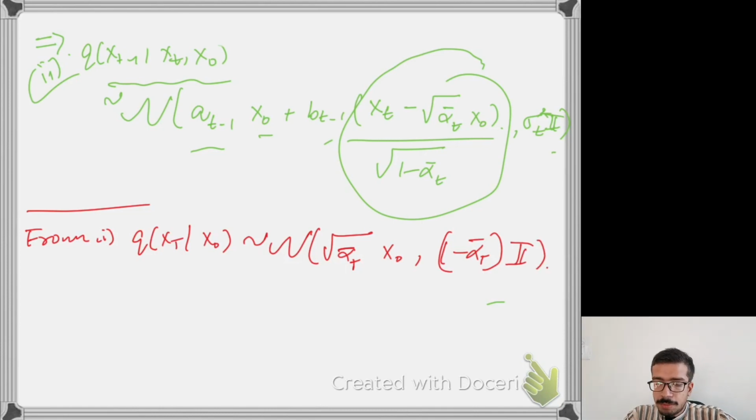Now from the second assumption, let me see how I satisfy it. What I have is q of x_{T-1} given x_T and x naught.